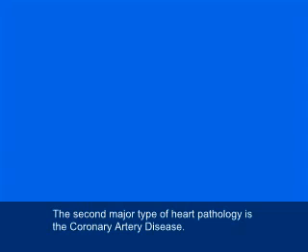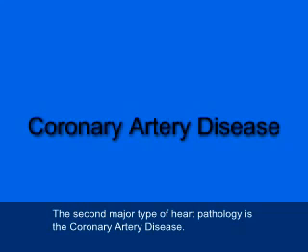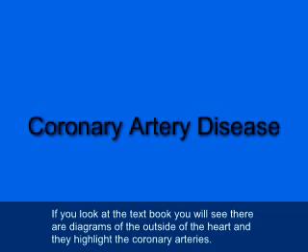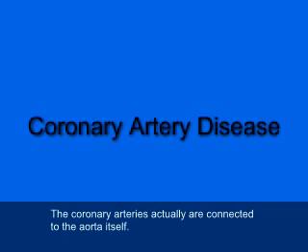The second major type of heart pathology is the coronary artery disease. Now, the coronary arteries are special arteries which actually supply the heart itself with blood. If you look at the textbook, you'll see there's diagrams of the outside of the heart, and they highlight the coronary arteries. And the coronary arteries actually are connected to the aorta itself.